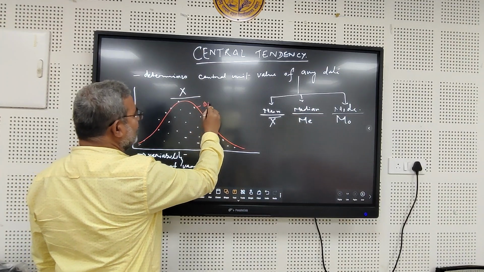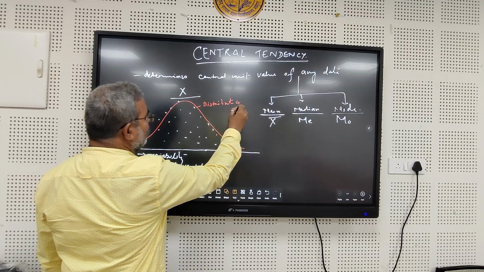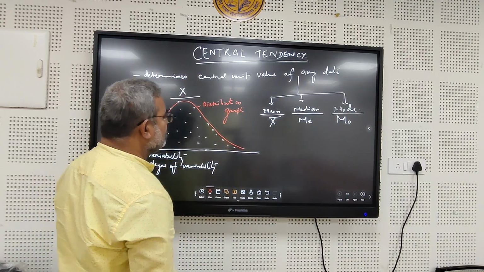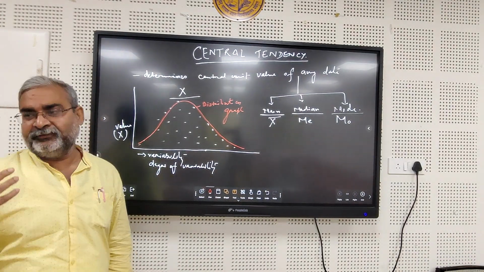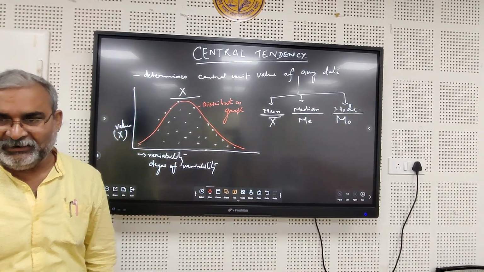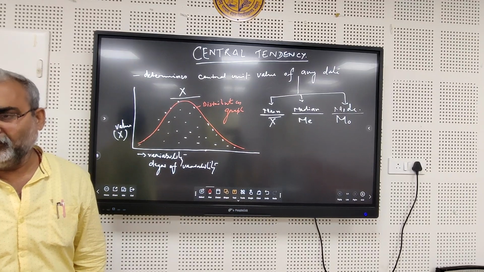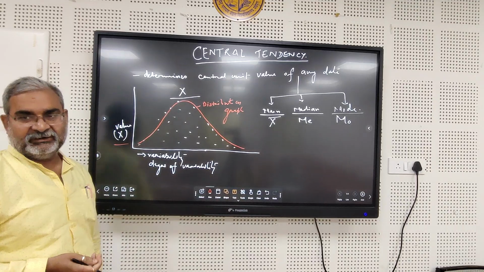It is represented as a distribution graph, and the distribution graph shows the nature of the variability or the nature of the population with respect to the variable studied.